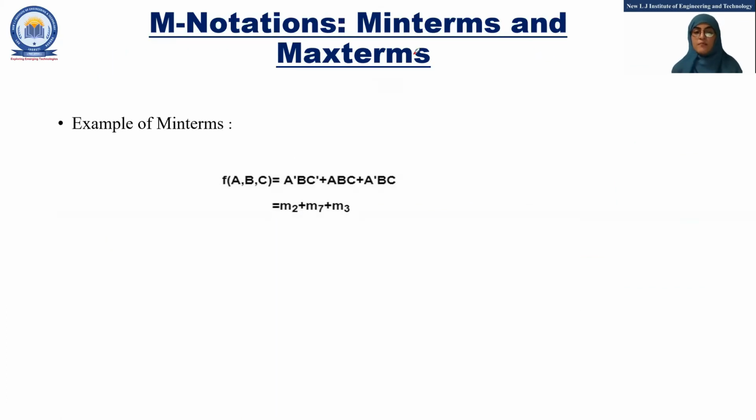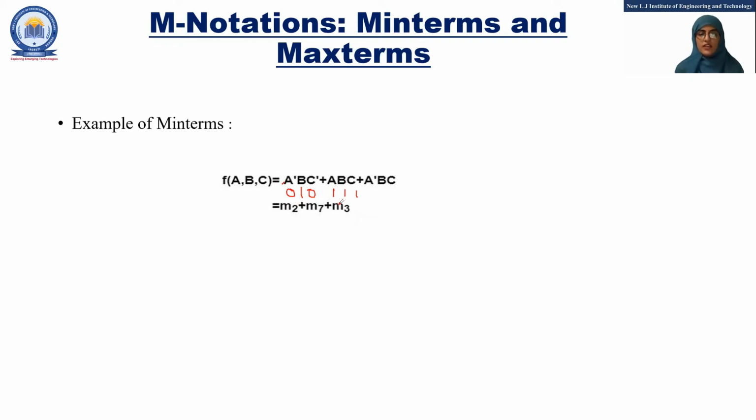Next is an example of min term. Here we can see that A prime, B, and C prime term is present. So we know that A prime is 0, B is 1, and C prime is 0. So this is the combination of min term 2. Same for this, it will be 1, 1, and 1.